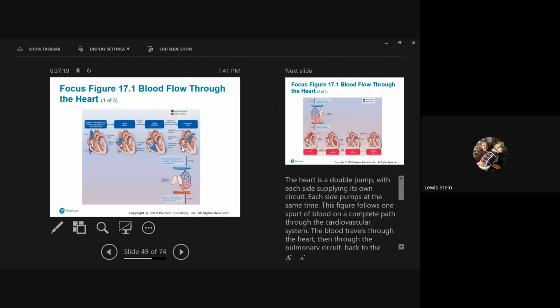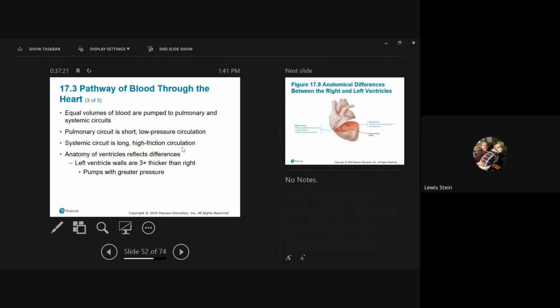You can read through this as easily as I can read it to you. The whole idea is equal volumes to each circuit. The pulmonary circuit, because of the muscularity of the heart, is relatively short compared to going throughout the whole body, and very low pressure, whereas the systemic circuit is long and travels at a lot of pressure. The left ventricular walls, and why it's so easy to tell left from right, are 3, maybe even 4 times thicker.